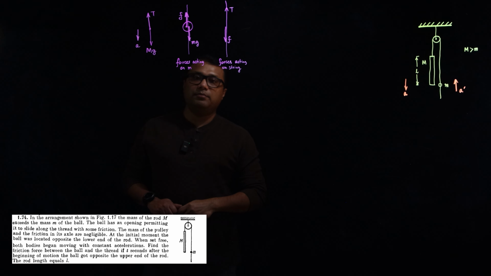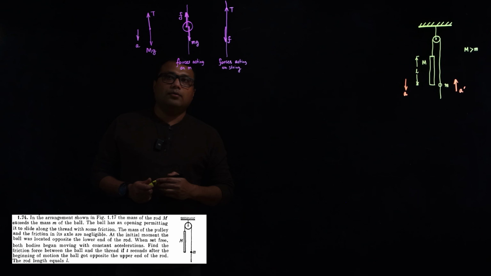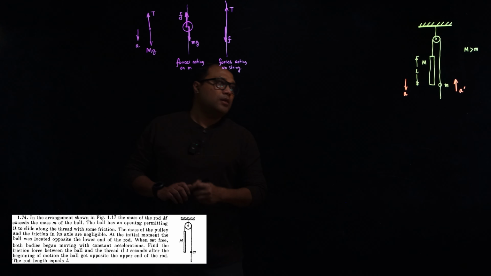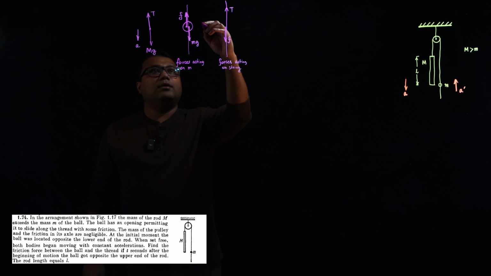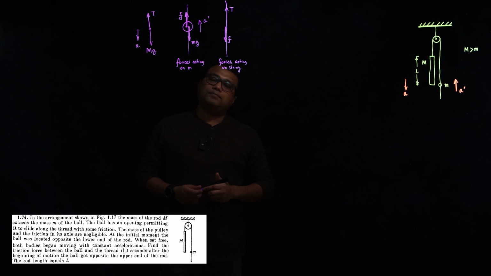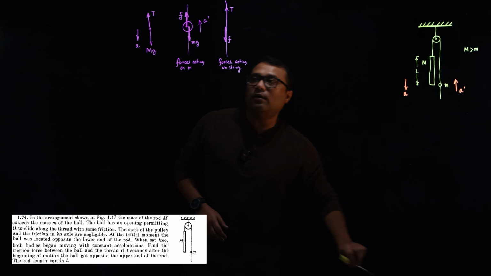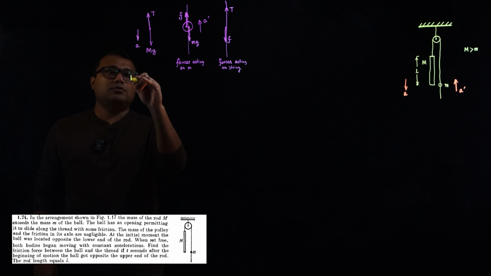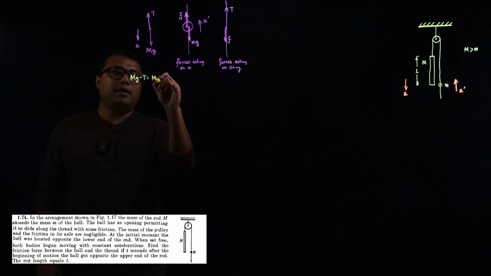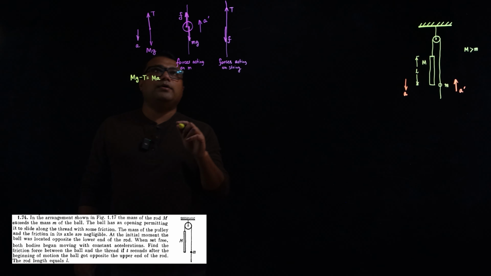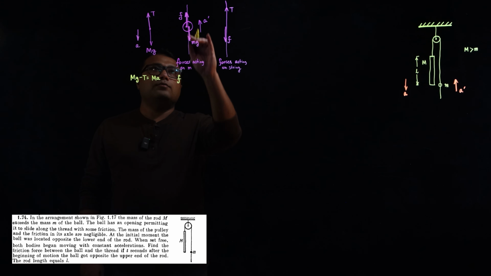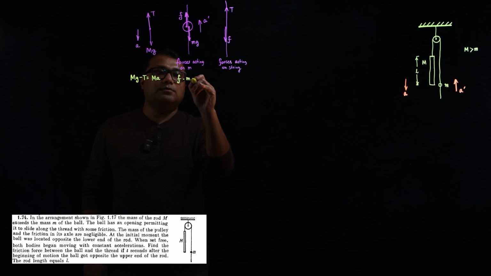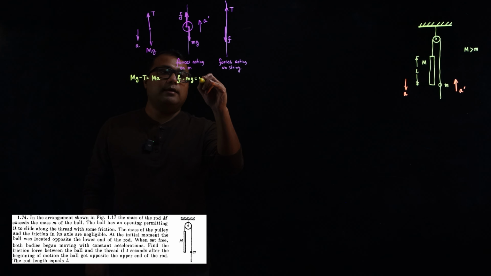Now that we have the free body diagrams, one other thing. We said this ball is accelerating upward with acceleration A dashed. So now that we have the free body diagrams, we can write the equations of motion. So Mg minus T is equal to MA. From here we can write F minus mg is equal to m A dashed.